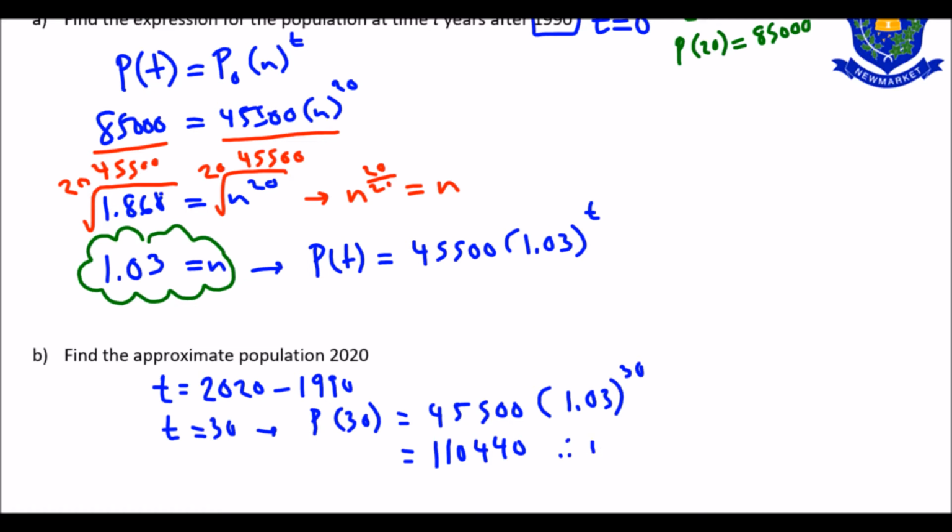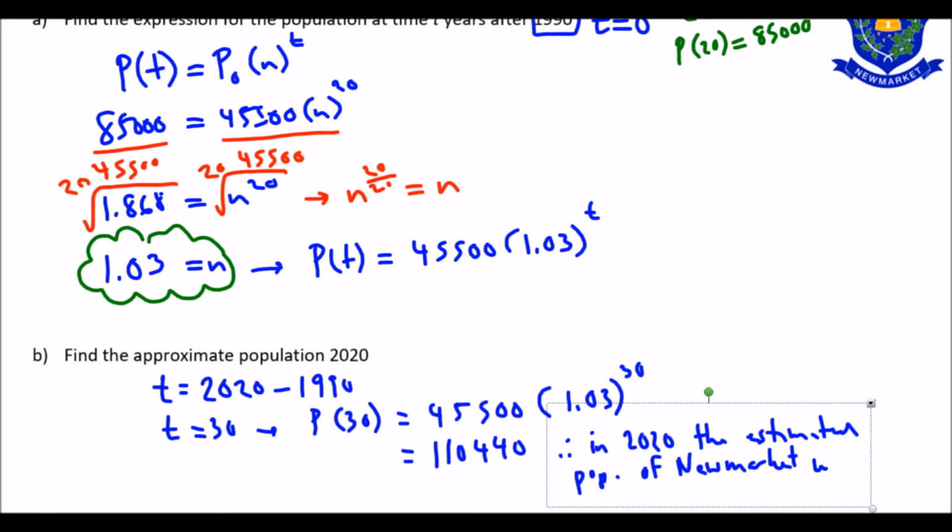Therefore, in 2020, the estimated or projected population of Newmarket, my hometown, woohoo, will be 110,440. All right, there we go. So there we go, population growth.